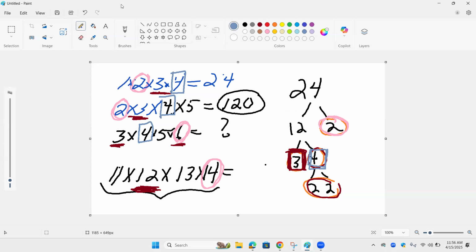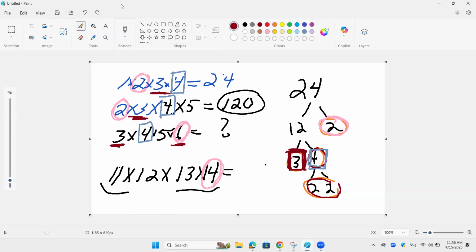Actually, I think I would have been smarter. Whoops, hold on, I erased too much. When I said it's divisible by two, just for explanation purposes, I should have picked this. Oh, that is what I said.